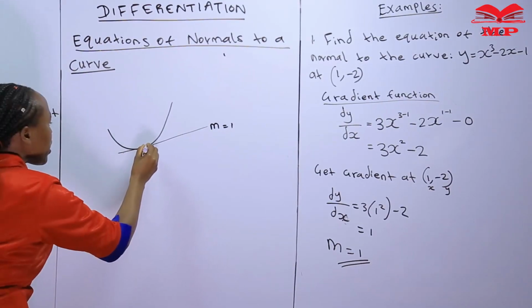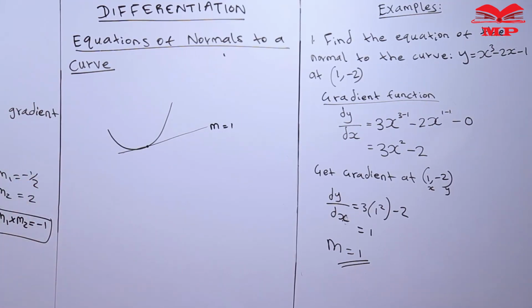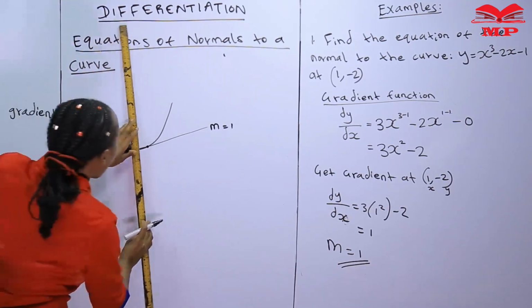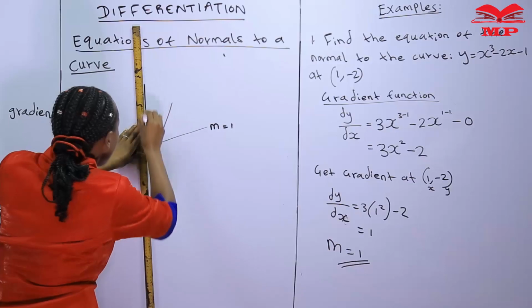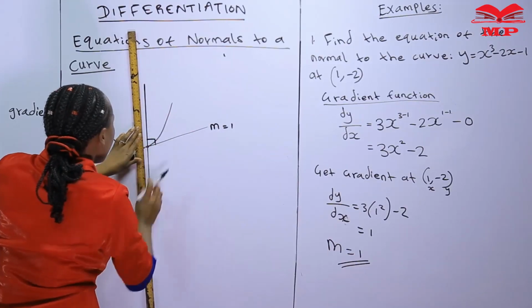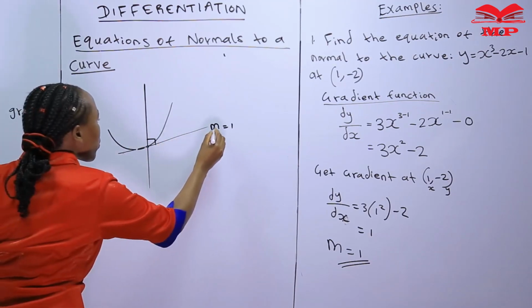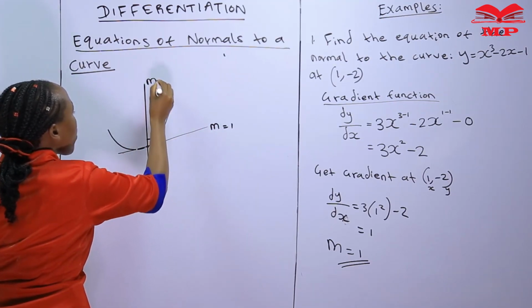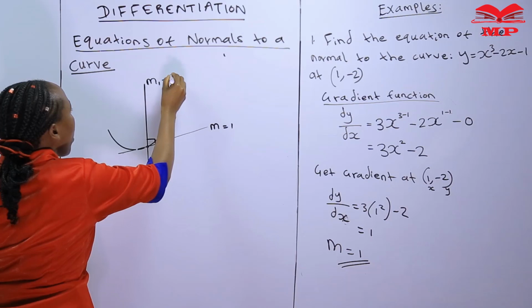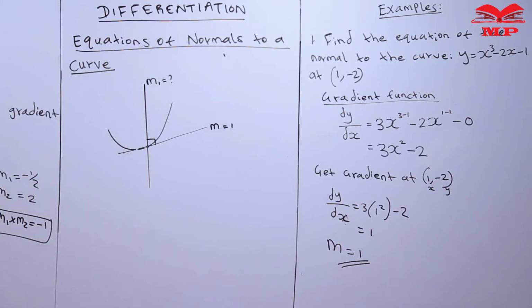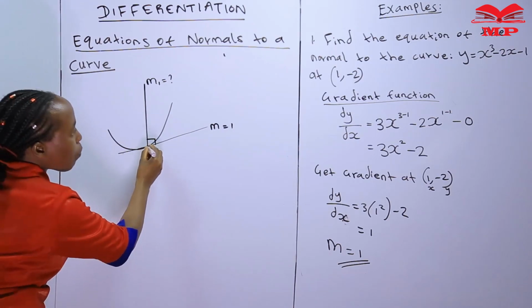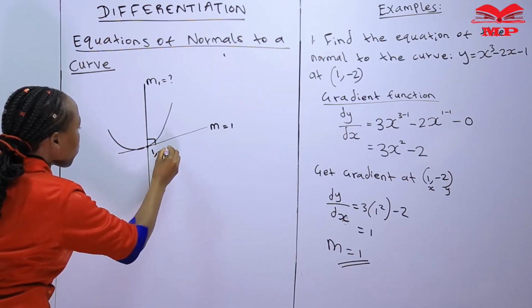If we have our normal here, making an angle of 90 degrees, we have the gradient of the tangent, and we require the gradient of the normal. We can call it M1. And the point that we have here is (1, -2).